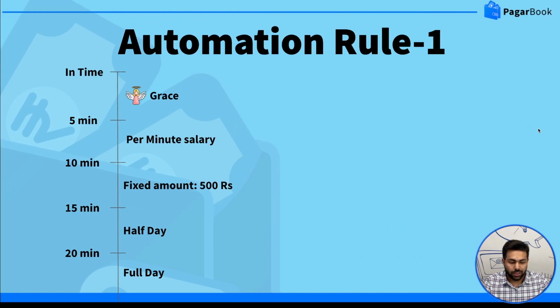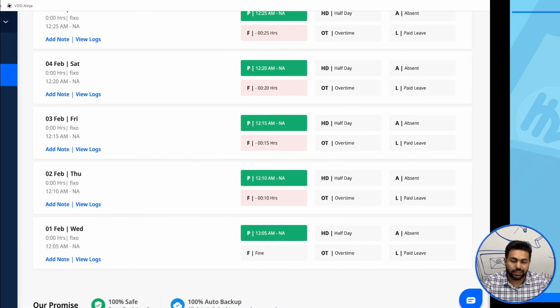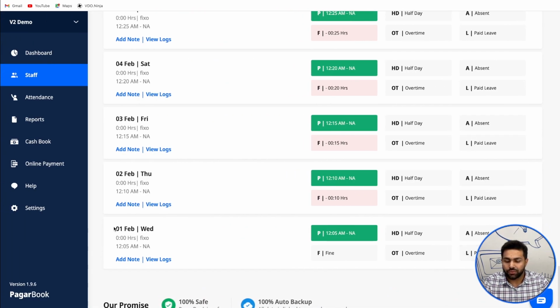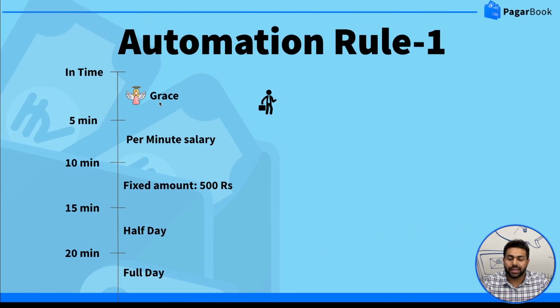Now for example, staff is late for 5 minutes. In this case you can see on 1st Feb the shift in time was 12 am, but staff reached office at 12 and 5 minutes, late. So there is no fine because here we have a grace period.